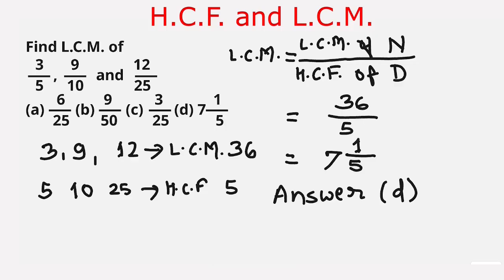This we could have solved without solving all these things from the options, as we know that the LCM of fractional number is LCM of numerator upon H.C.F of denominator.